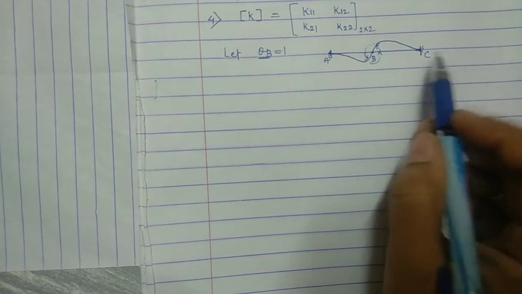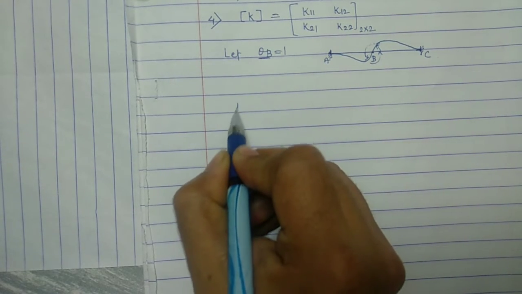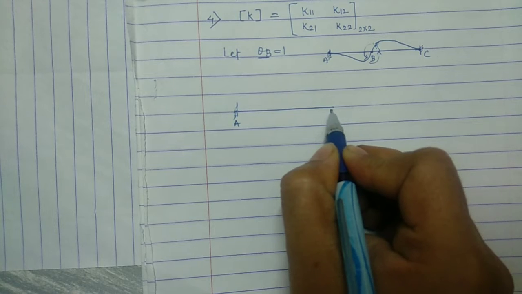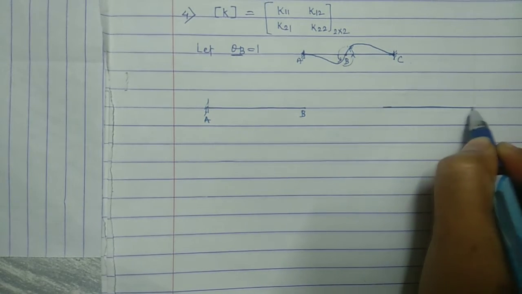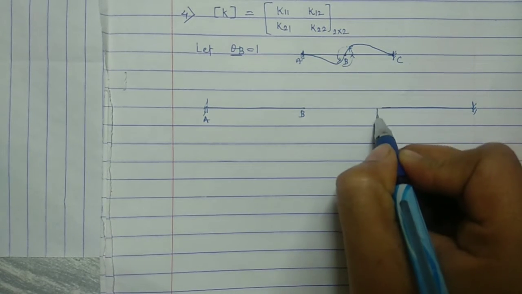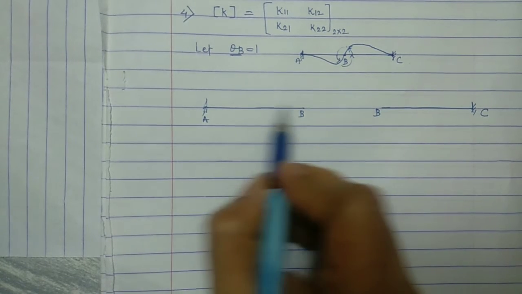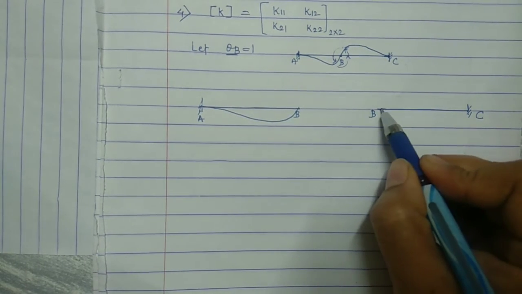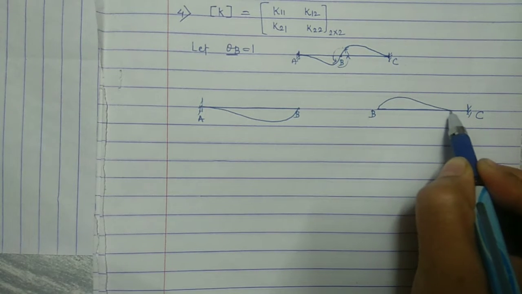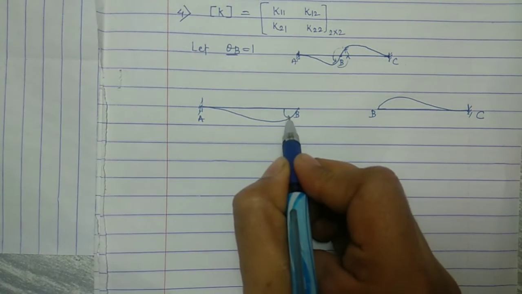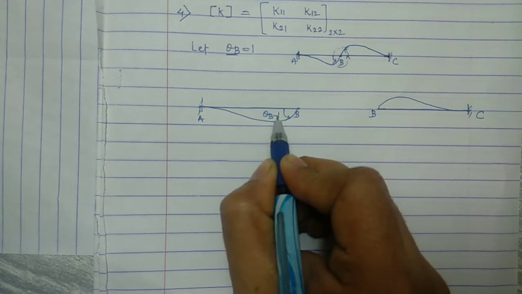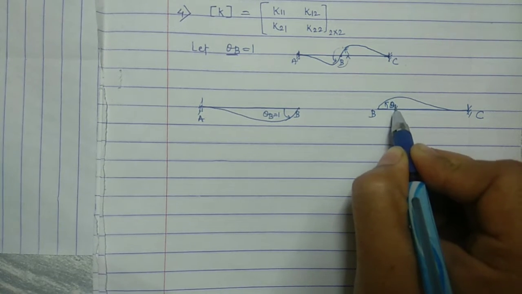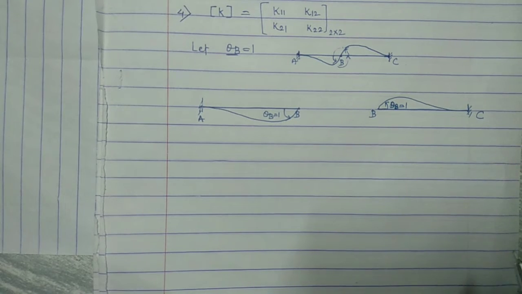We will draw separate figures for member AB and member BC when theta B is equal to 1.